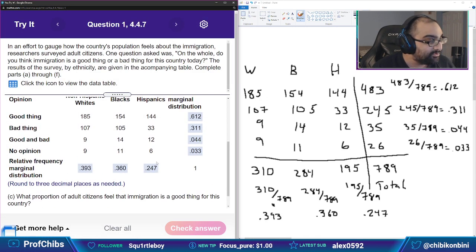Okay, before I move forward with the next part, are there any questions that you have so far about frequency and relative frequency? I want to ask you guys that before I move on. Is everybody good here so far? Any questions?